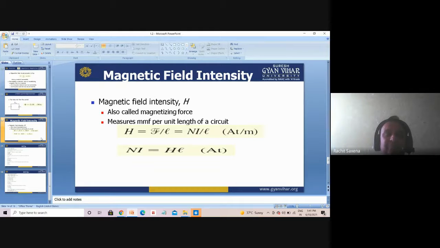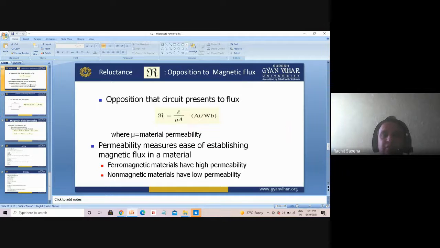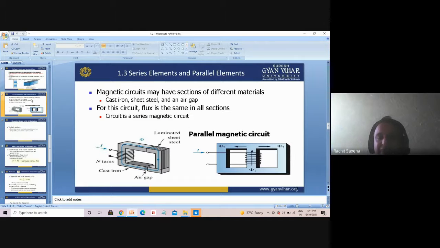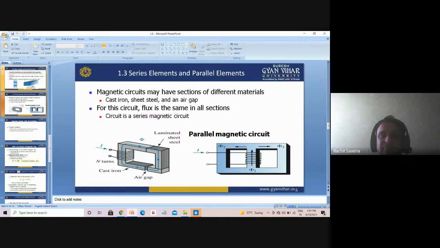So magnetic field intensity, flux, Ohm's law, reluctance, flux density, magnetic circuits in series and parallel. I'm revising this whole thing again for you. Here we have air gaps, laminated cores, series and parallel. The main thing is mmf.